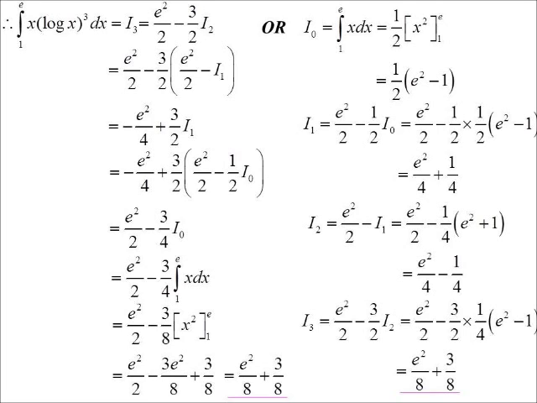And then I1 would be e squared on 2 minus half I0, sub in the I0. Then to get I2, I can sub in what I just found to be I1 and keep building it up. And it's I3 that I want. It's, I guess, just a matter of personal preference, whether you prefer to work your way down to I0 or build it up to I3.